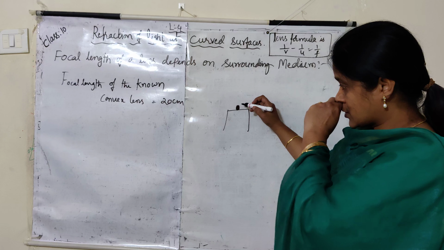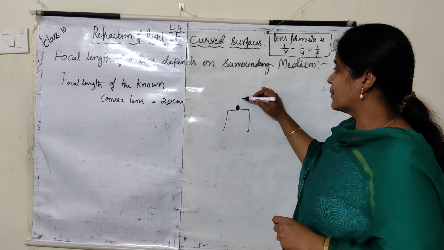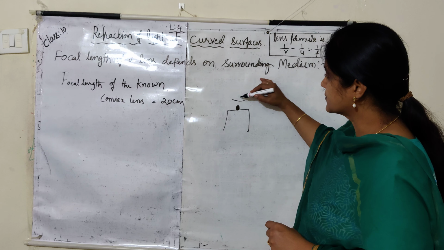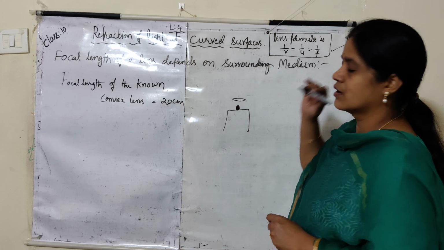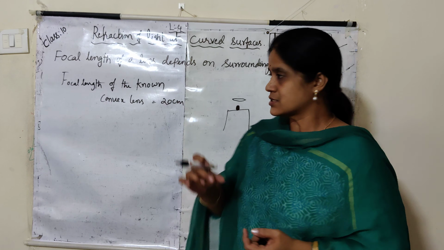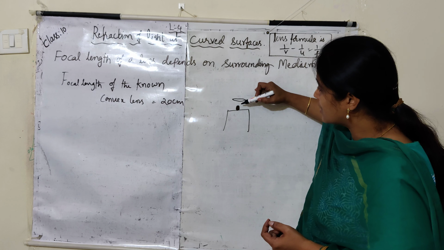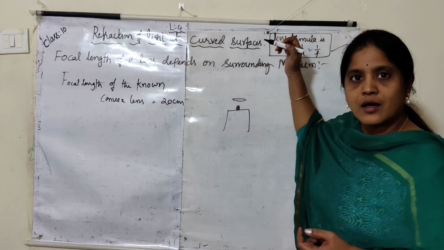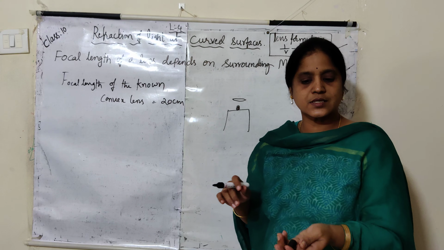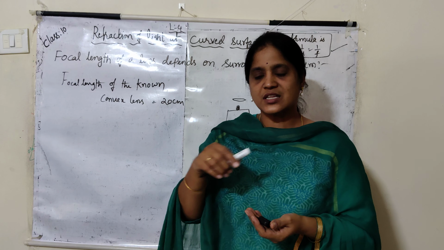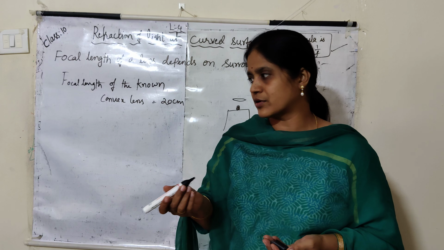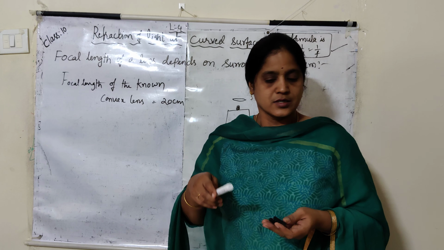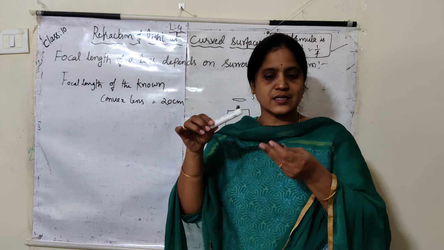So you take a black stone on the table, and by using this lens, find the image of this stone through the lens. Suppose this is the lens and this is the object.